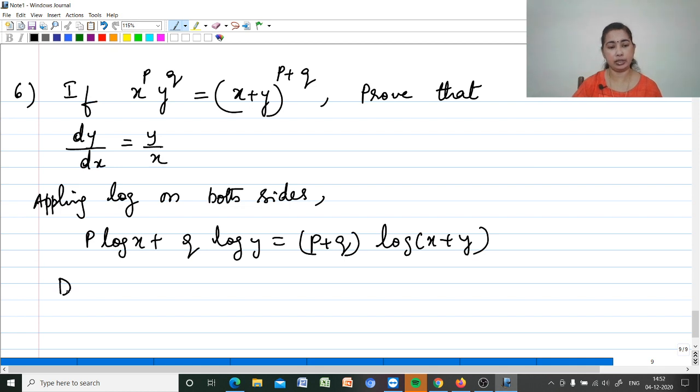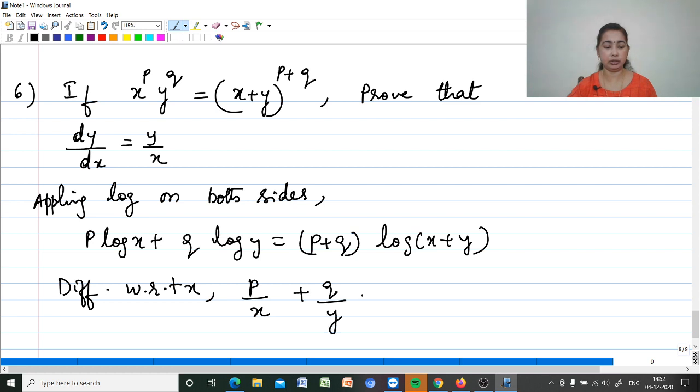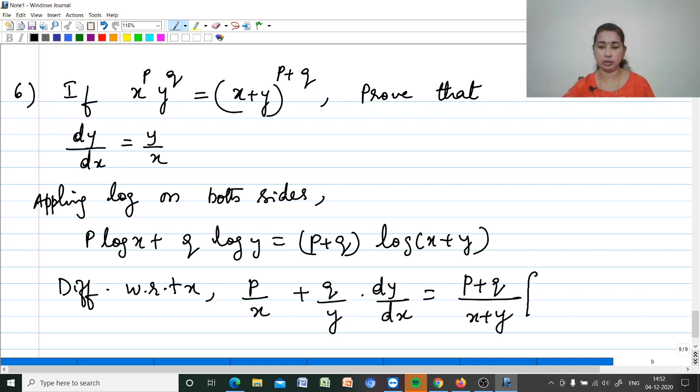Now differentiating with respect to x, we get p by x plus q by y into dy by dx equal to p plus q by x plus y into derivative of x plus y is 1 plus dy by dx.